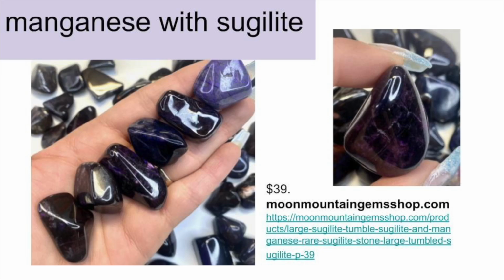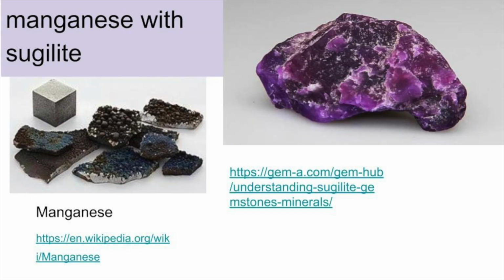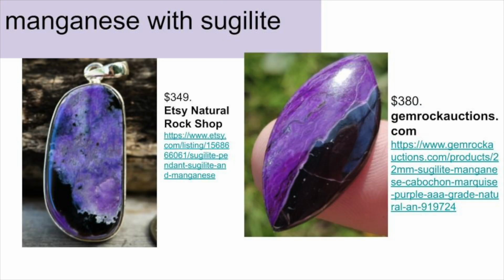Manganese with sugilite. Manganese is a black mineral and the sugilite itself is a purple mineral. Here's some more really good examples of manganese with sugilite.